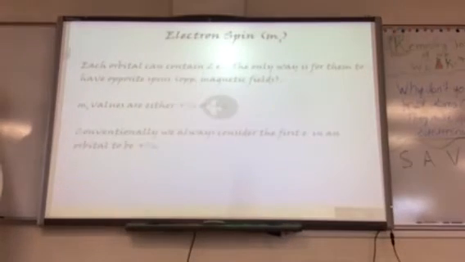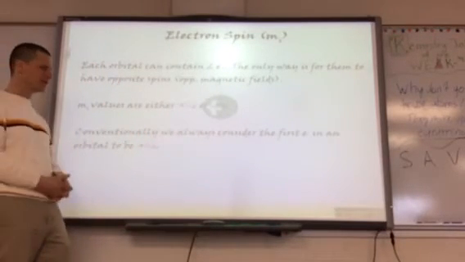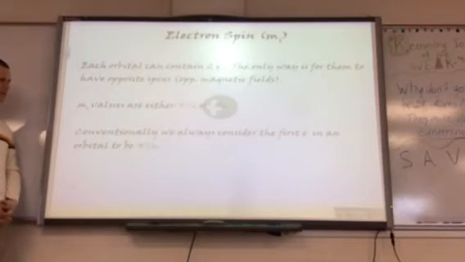So the M sub S value can be either positive 1/2 or negative 1/2. And mathematically, why 1/2? That comes out of the Schrodinger equation. You have to solve it, and that's what it would give you.